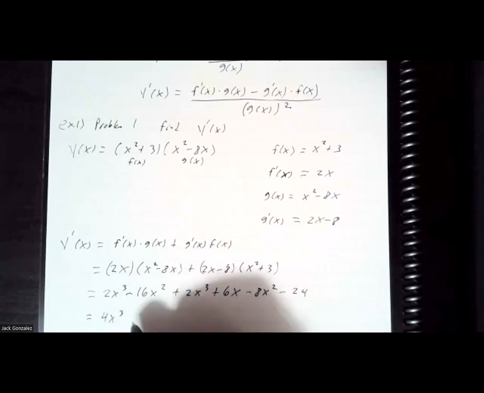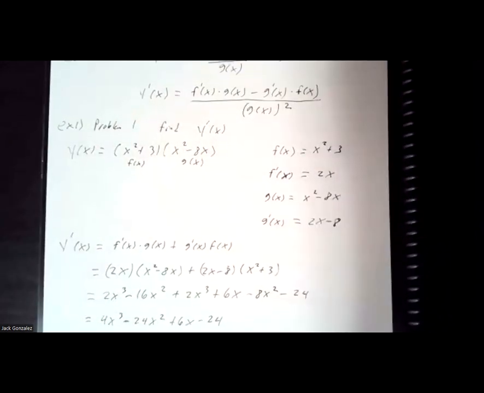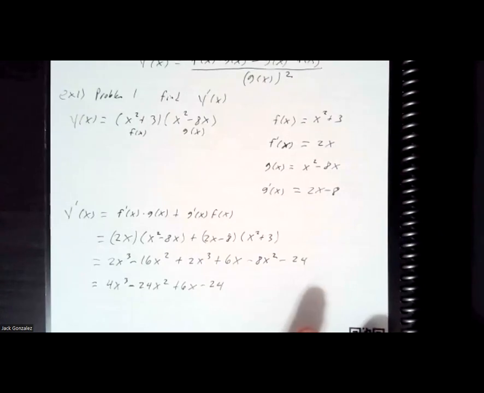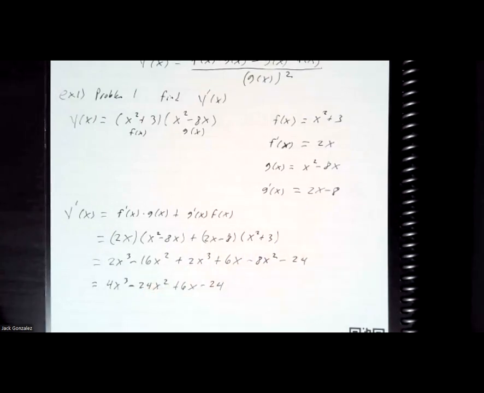Negative 16 minus 8 minus 24x squared plus 6x minus 24. And once you've got it all in the right order and everything, you're done, right? Yeah, at this point, if there's no more terms to combine, then that's it.